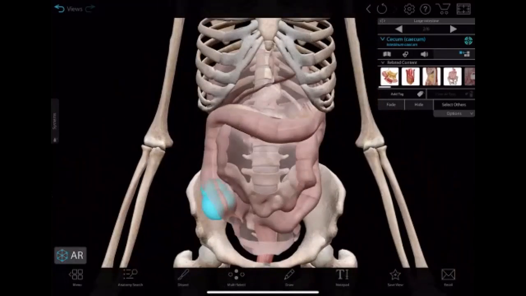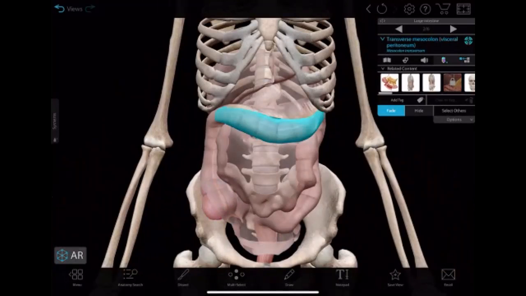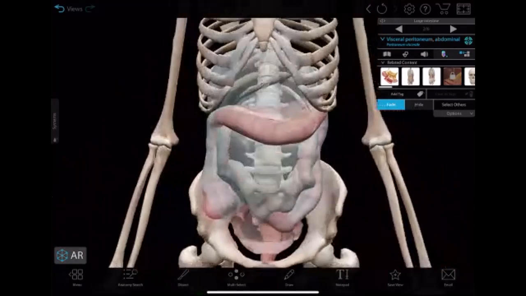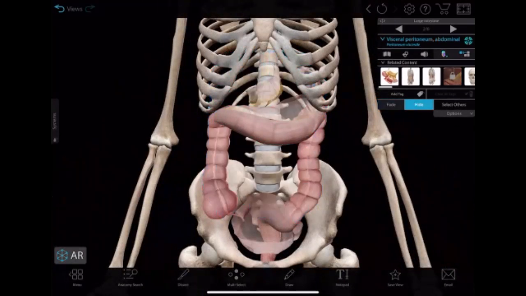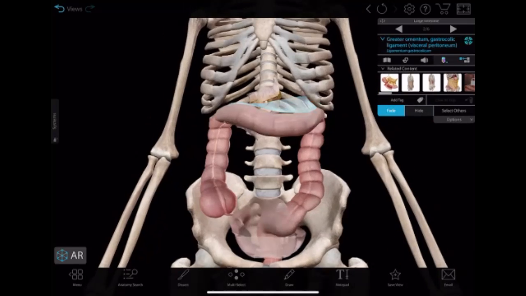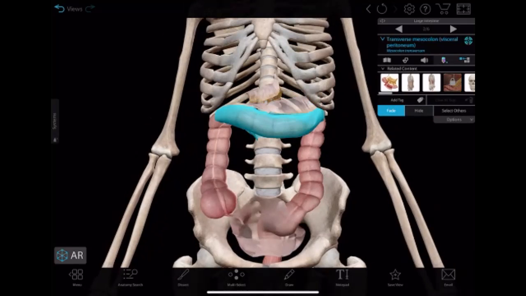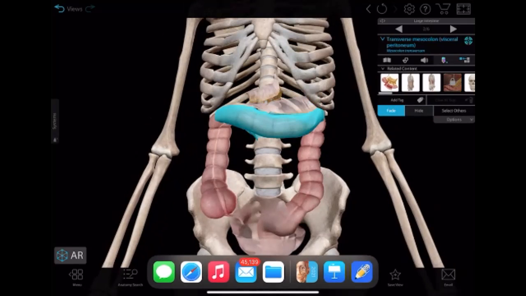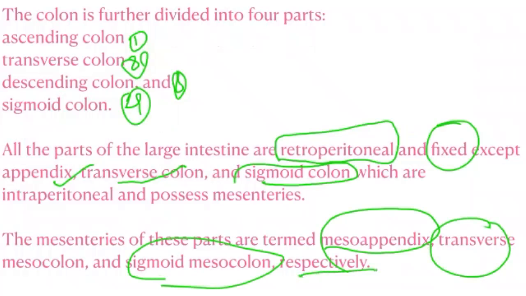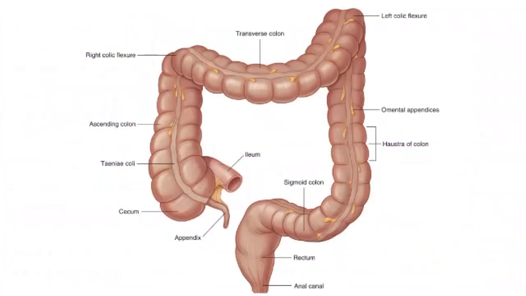And the transverse colon has the transverse mesocolon, the sigmoid colon has its mesocolon. This one is retroperitoneal. This one is the transverse mesocolon, right? So the mesenteries of these parts are the mesoappendix, transverse mesocolon, and sigmoid mesocolon respectively, right?